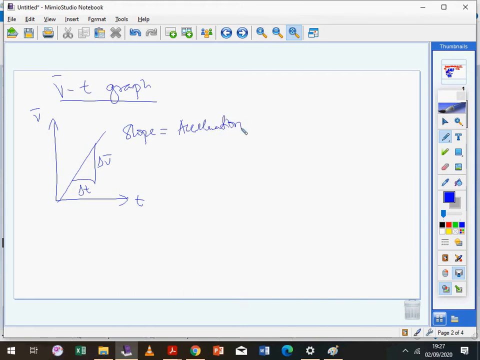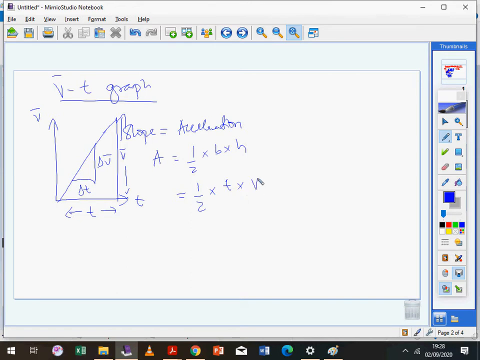The area under this graph, again, if I wanted to find the area of that triangle, will be a half times base times height. Its base is some time value or delta t, and its height is some velocity value or delta v.